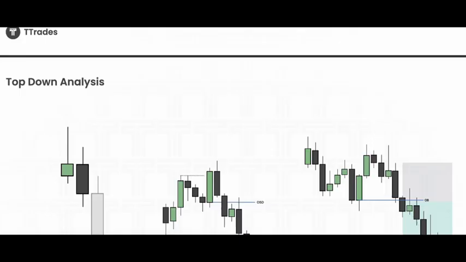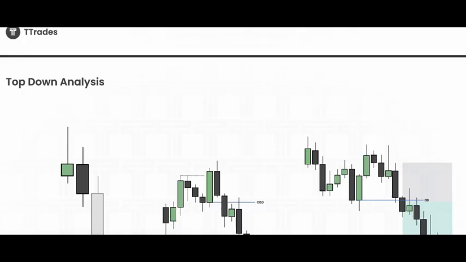It's either the market is in an uptrend or it's in a downtrend, and the bias is where you think the market is moving next. So you need one time frame to determine your bias, and most of the time that time frame is the higher time frame. That's the weekly time frame, the daily time frame, and sometimes the 4-hour time frame.